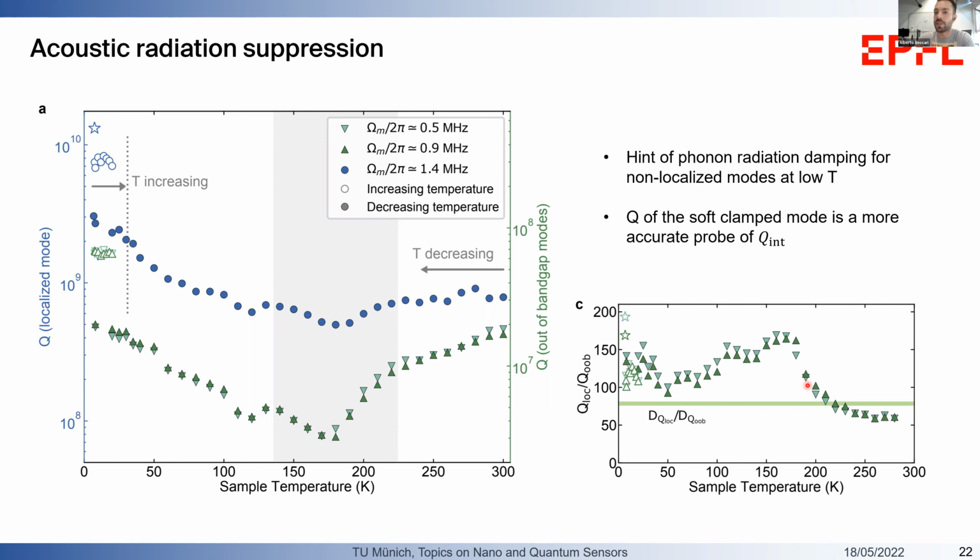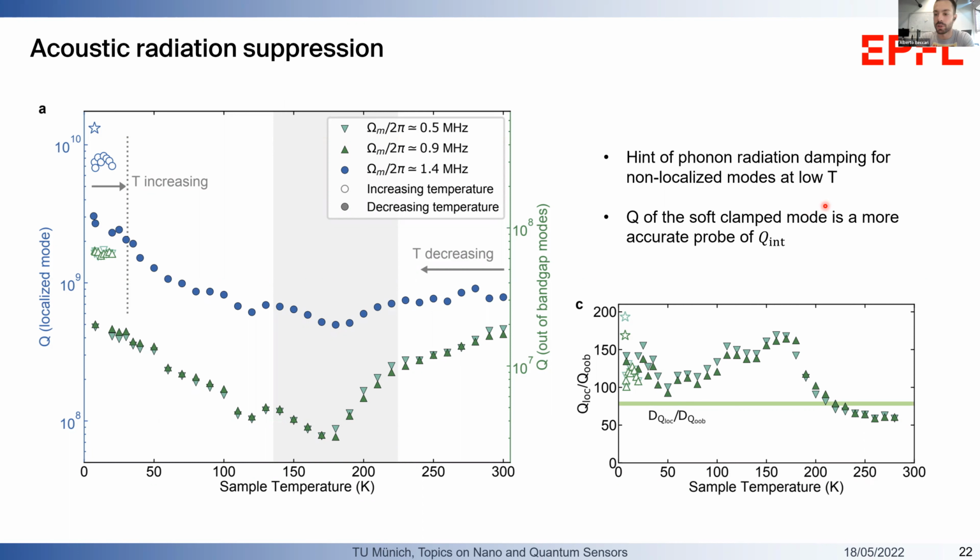But it's not the case, and especially in some temperature ranges, you observe a very rapid increase in the ratio. This is probably an indication that the distributed modes start to be affected by phonon radiation losses as you lower the temperature.